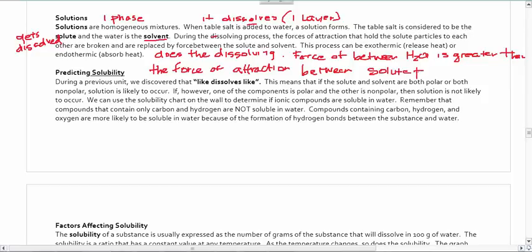So in other words, there's more attraction to the solvent than to each other. Because of that, it breaks down and dissolves, and you don't see it.